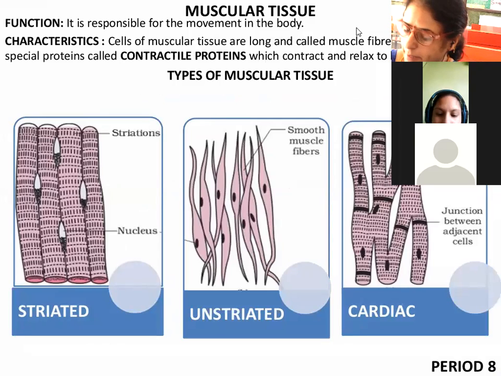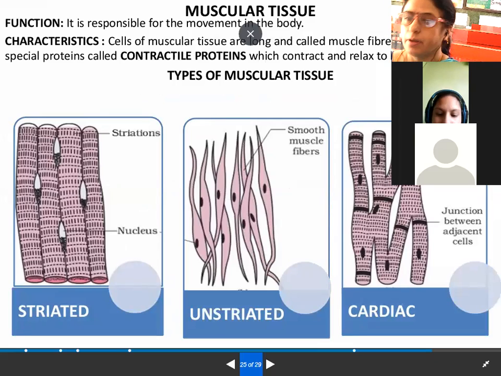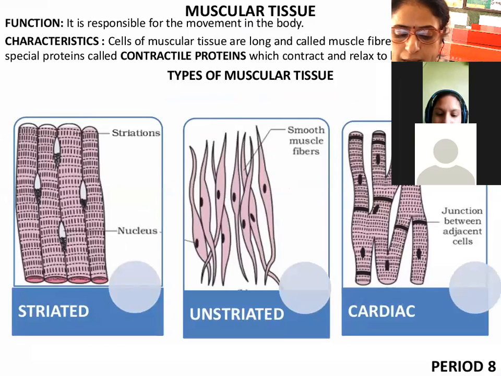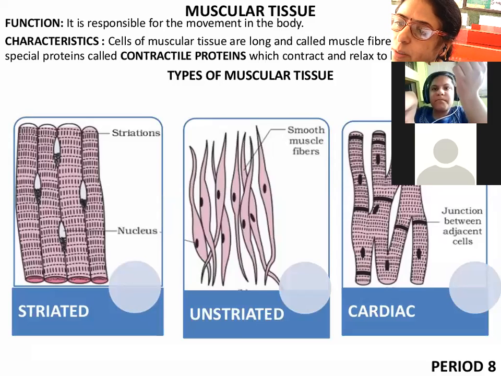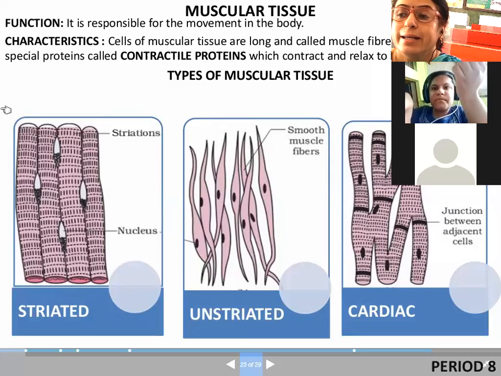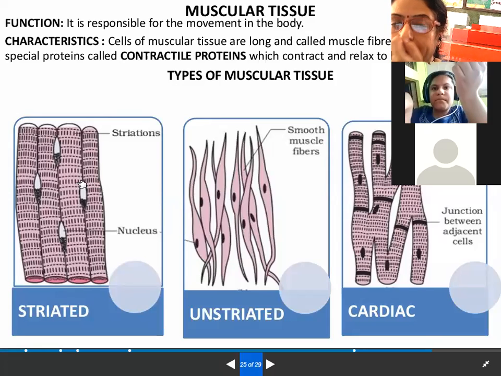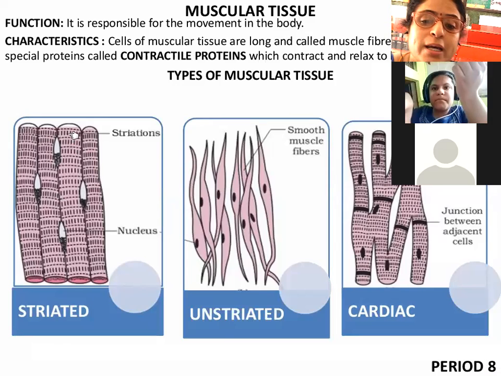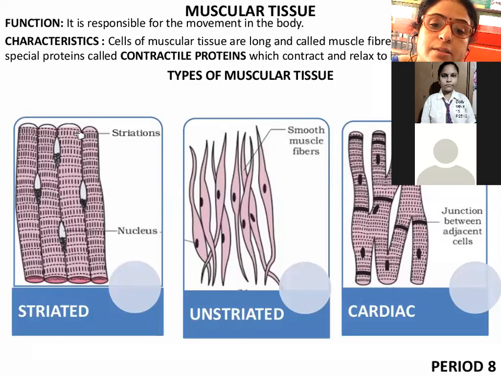Now, what is meant by striated muscle? The muscle which has striation. Striation means it has proper marks over the body. You can see here in the diagram, in the image, that there is striation.